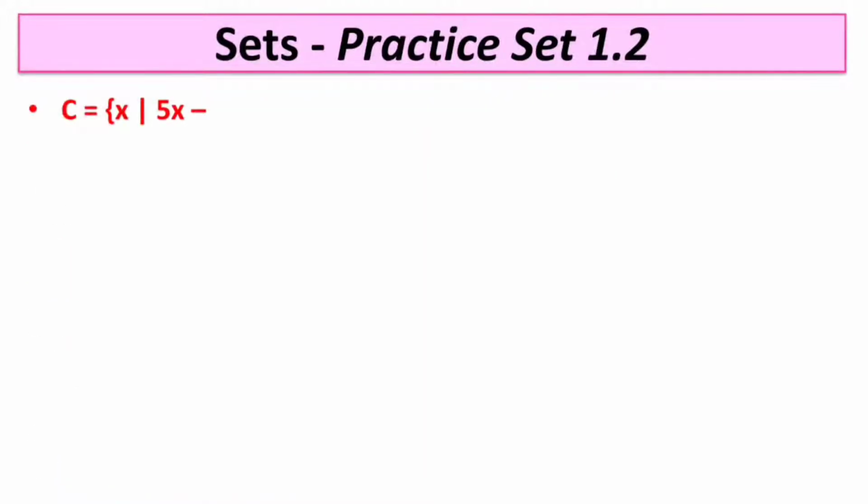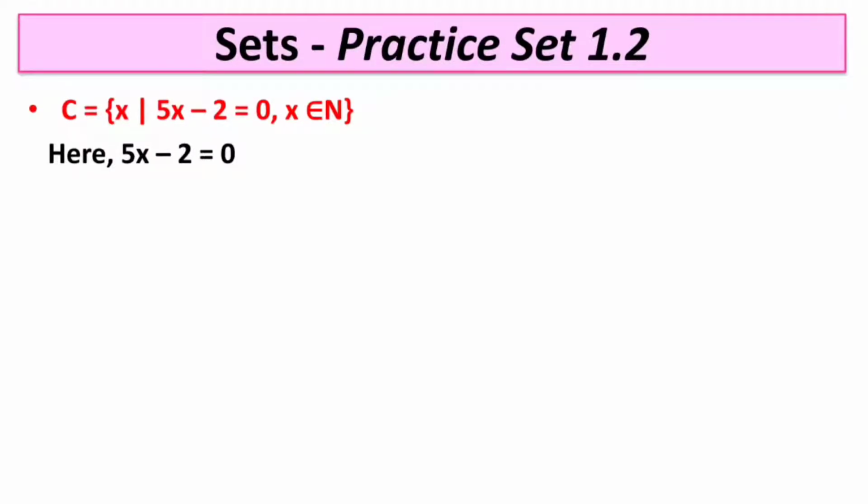Third set is C. C is a set of all x such that 5x minus 2 equals 0 and x belongs to N. That means x is a natural number. Now here we have 5x minus 2 equals 0.